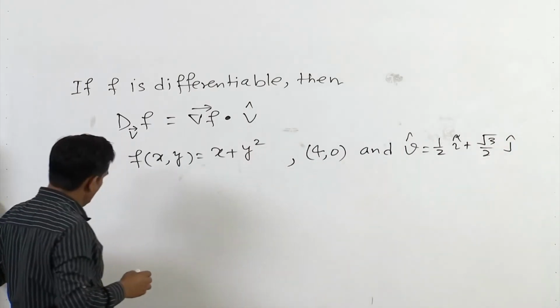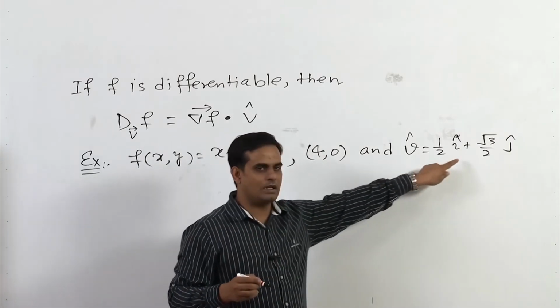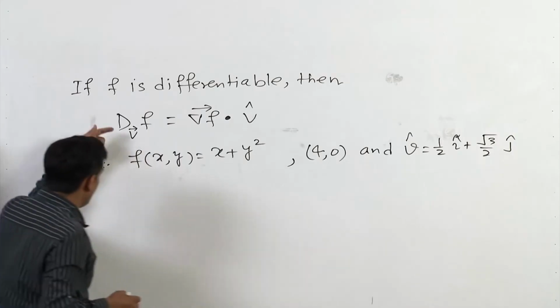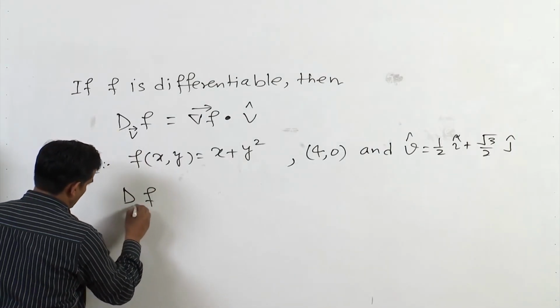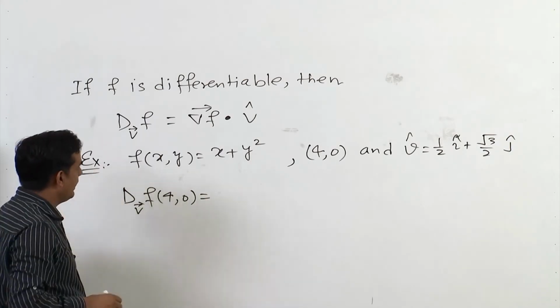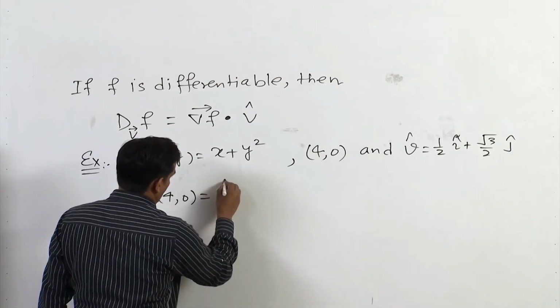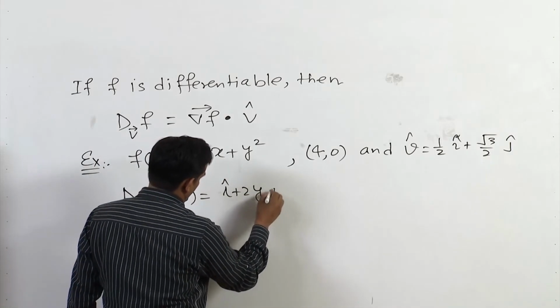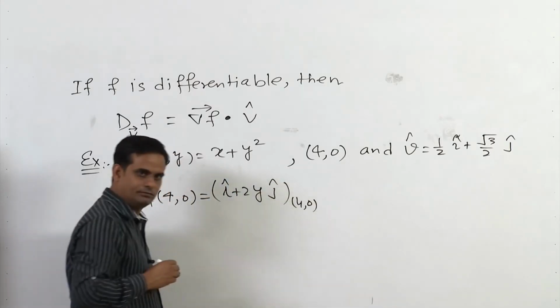So, find the directional derivative of this function at this point in the direction of this vector. Apply this definition. Here, df at (4, 0) will be grad f, and grad f will become i plus 2yj, at the point (4, 0).